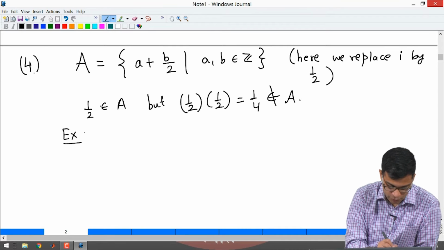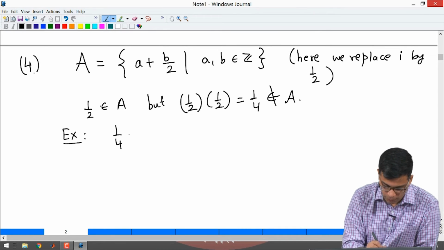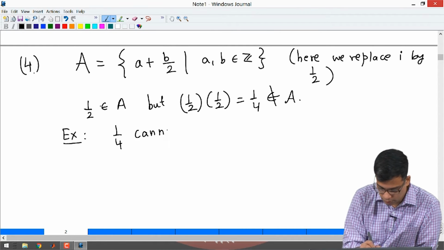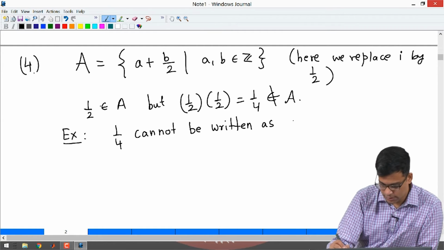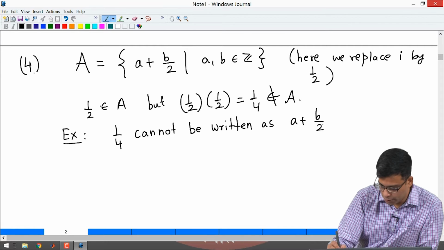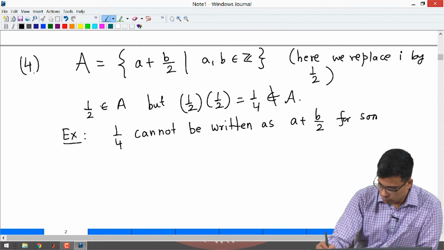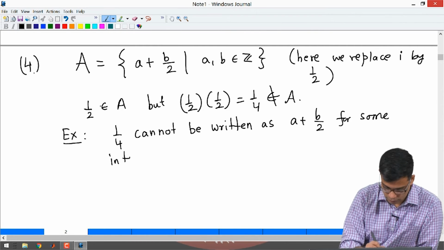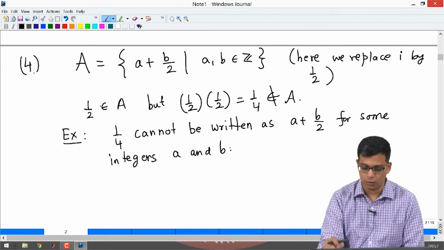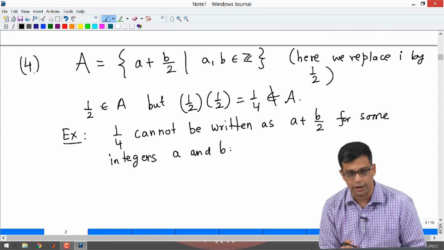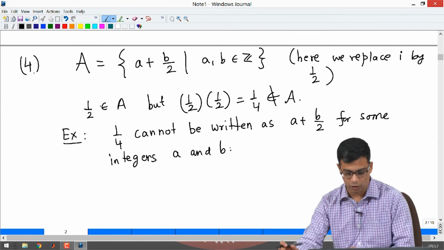This is an exercise for you, it is not a difficult exercise. You write it like this and you clear denominators and check that there is a contradiction.